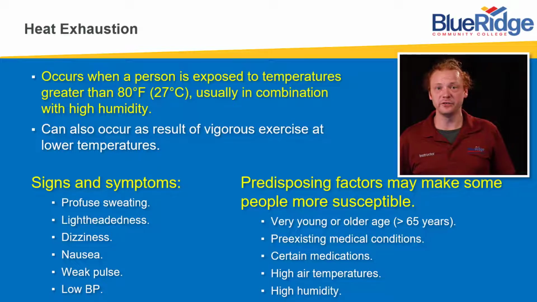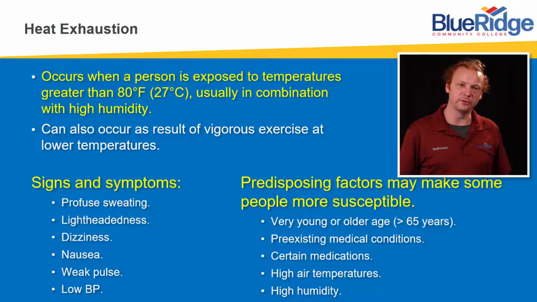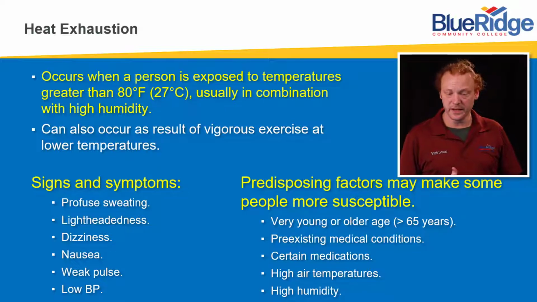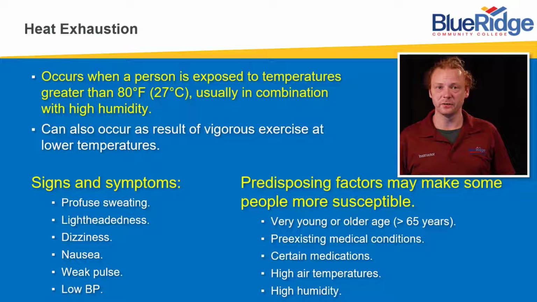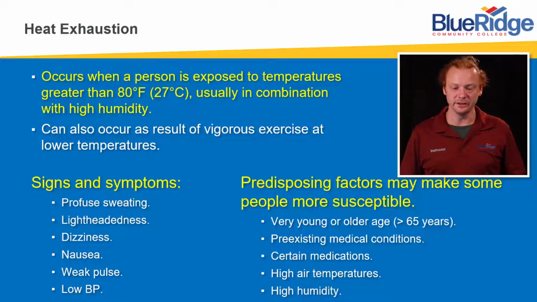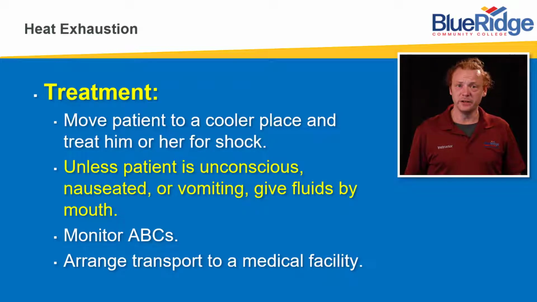Taking into consideration during the summer or even in the early spring and into the mid-fall, temperatures of 80 degrees with excessive physical exertion is not that uncommon in our area.